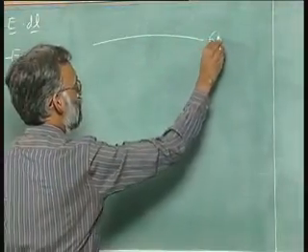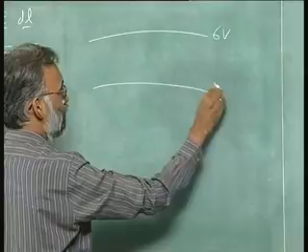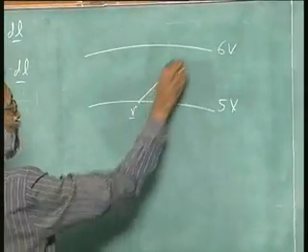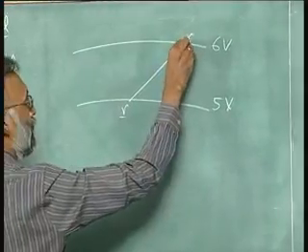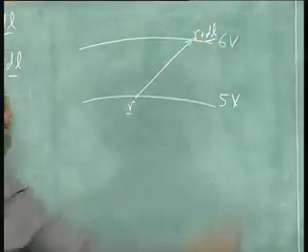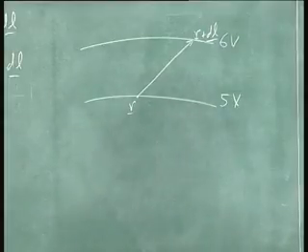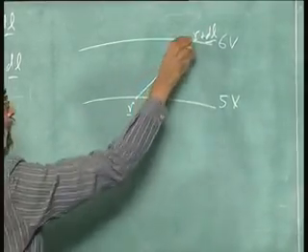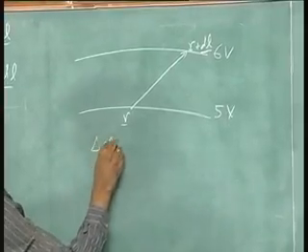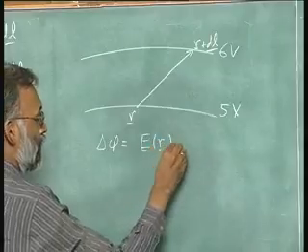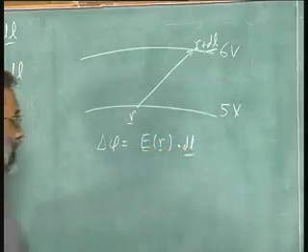I have 6 volts, I have 5 volts, I started at a point r, I went to r plus dl. And I am saying that this delta phi is equal to the electric field at r dot dl.